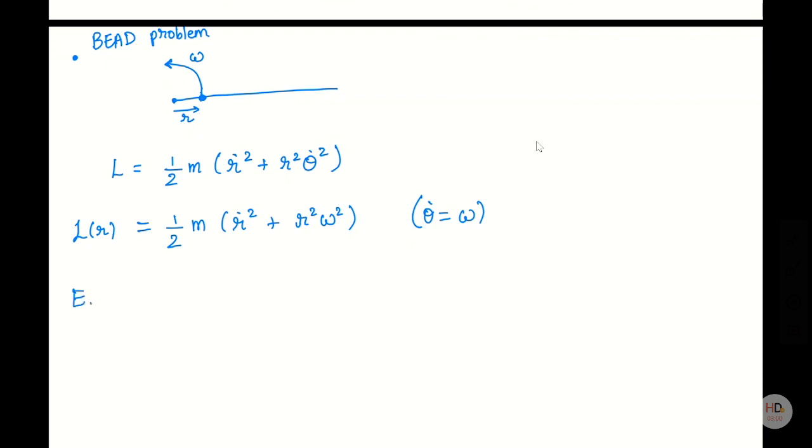Now we can write the Euler-Lagrange equation of motion, which is d by dt of del L over del r dot, which is d by dt of, with respect to r, it would be m r omega square. Is that correct? Yes.